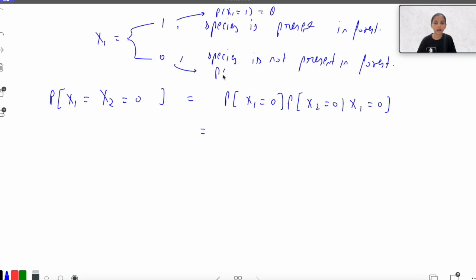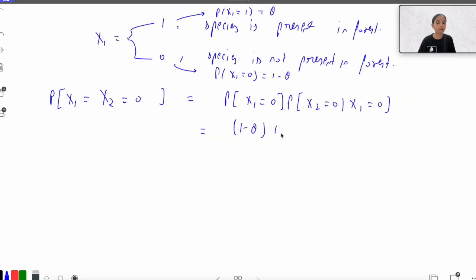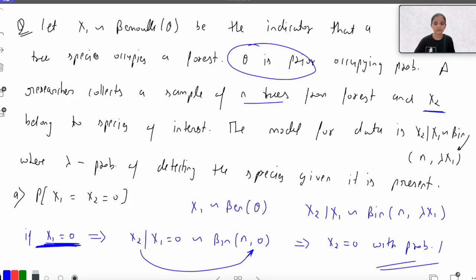So probability x1 is equal to 0, it is not having any species, is 1 minus theta. And we have just seen that probability x2 is equal to 0 when x1 is equal to 0 is going to be 1, right? Because my population is not having any species, then my sample would not be having any species, and I am sure about that. That's why the probability is 1. So 1 minus theta.